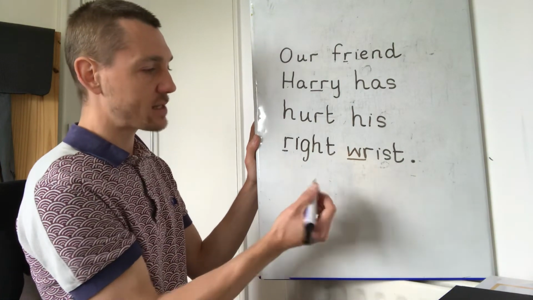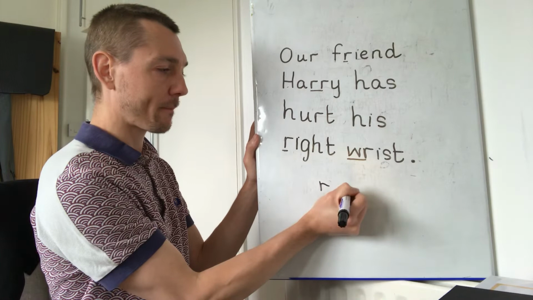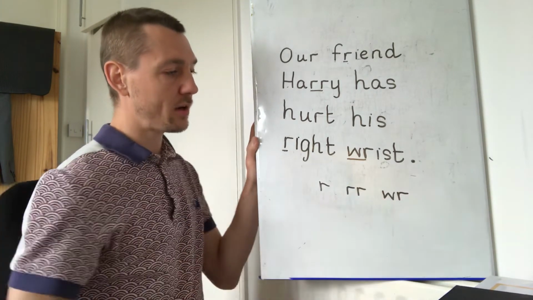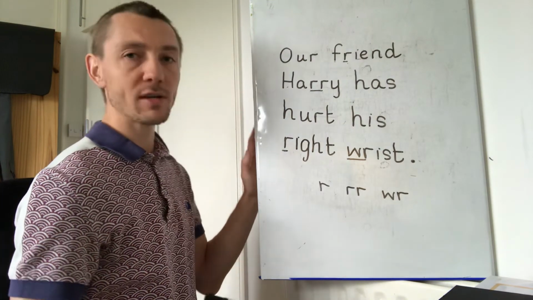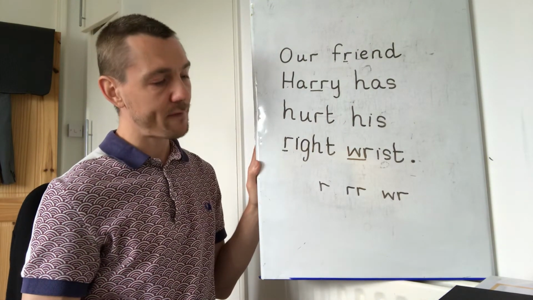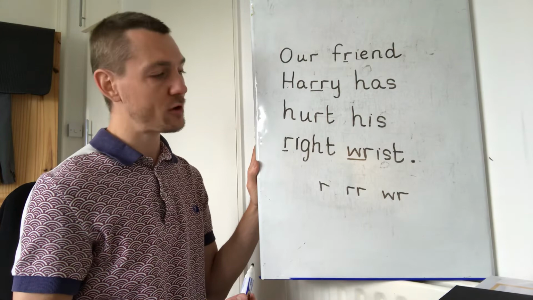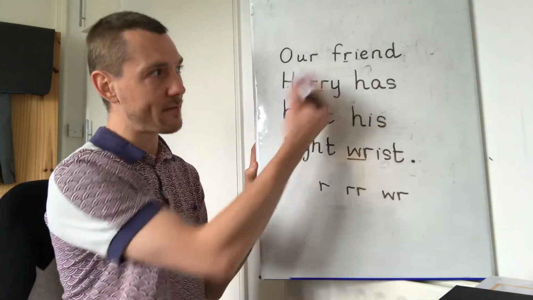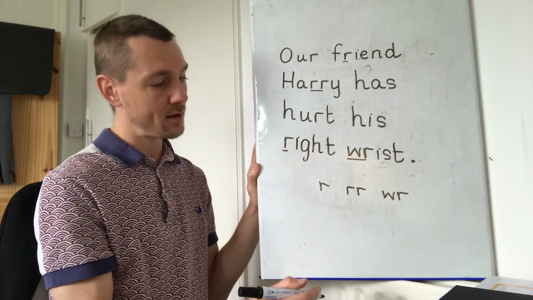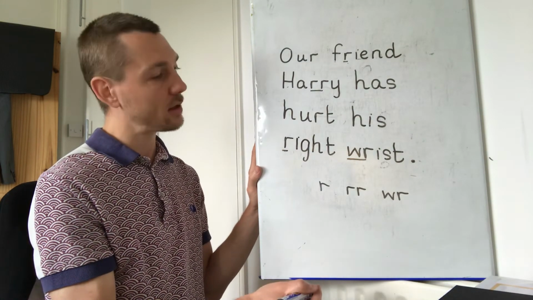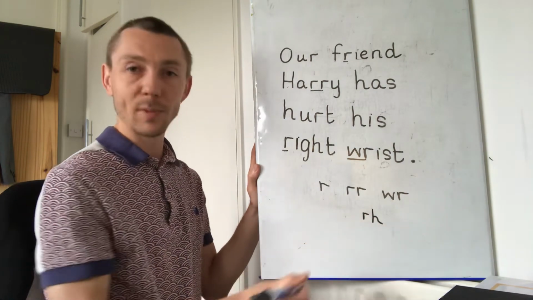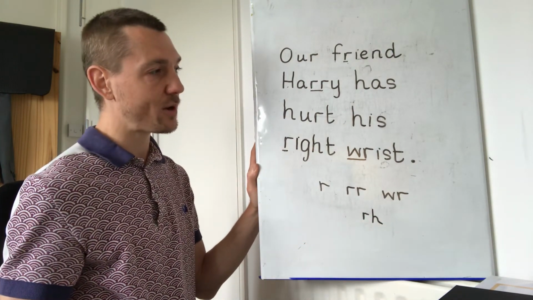So we've got three different spellings, just one sound. Can anybody remember the fourth spelling of that sound that we learnt about in the past couple of weeks that we haven't used in this sentence? What one is missing? It's the RH spelling of the sound that we don't have there. Well done if you remembered that.